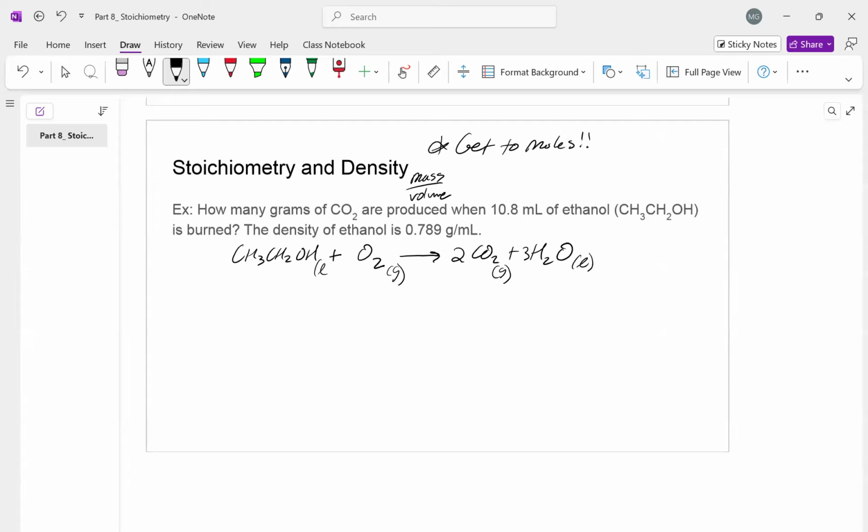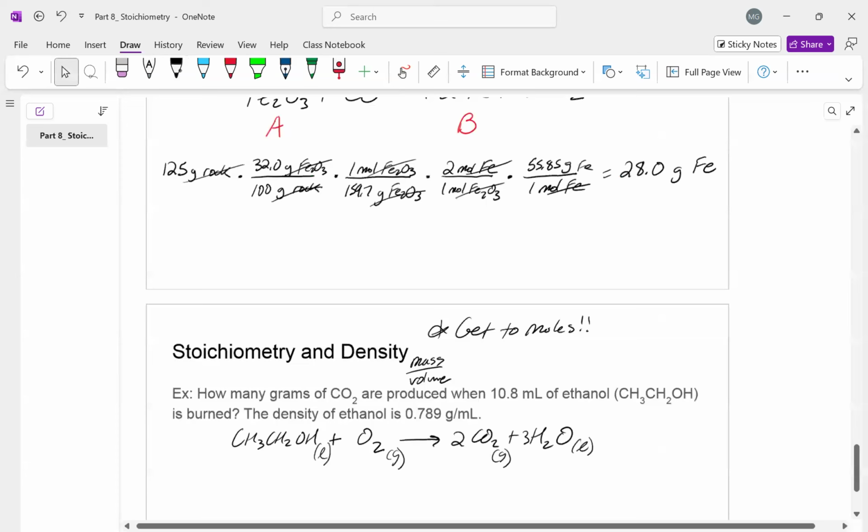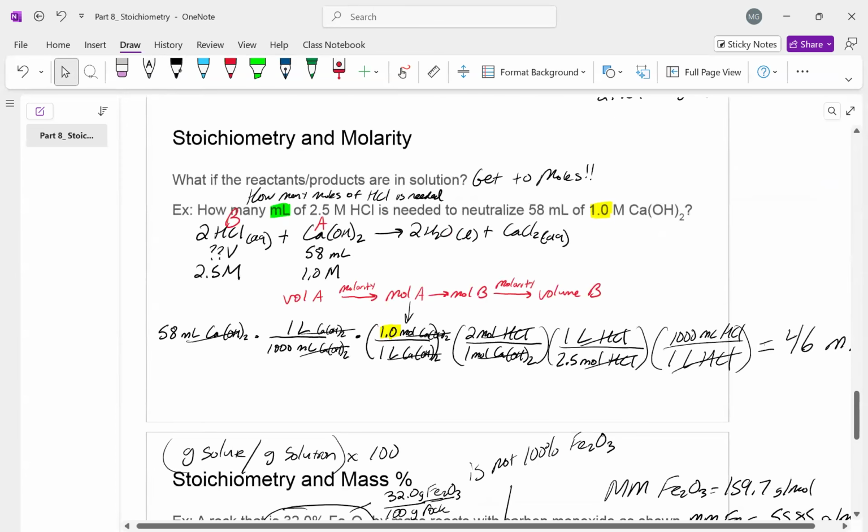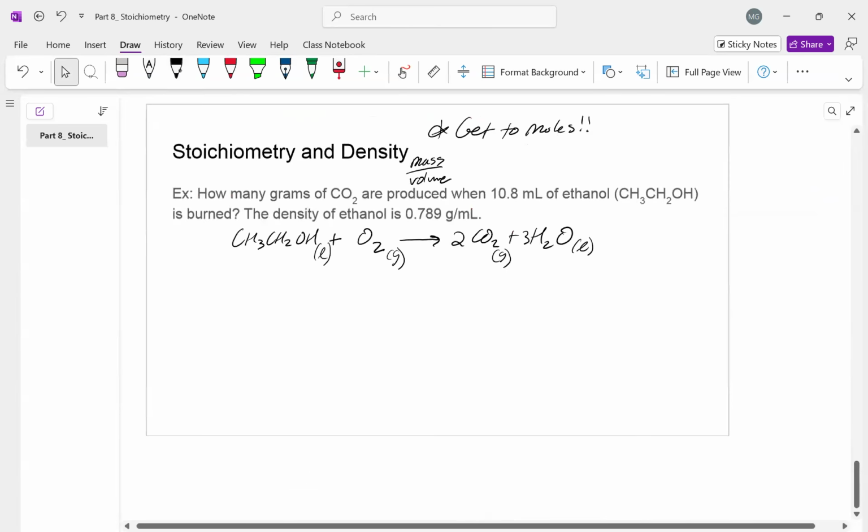This problem deals with a pure substance in the liquid form. That's not a solution. When we were looking at molarity, these were solutions, a solute dissolved in a solvent. When we have a pure liquid, we can use its density to figure out the mass of that liquid.